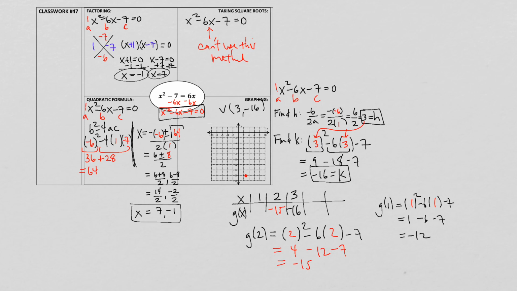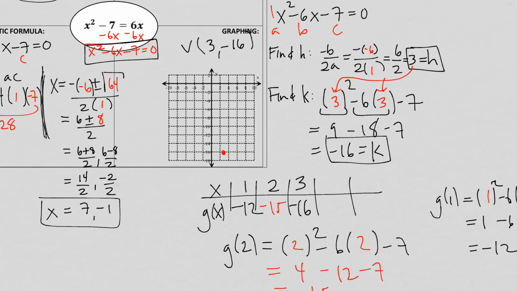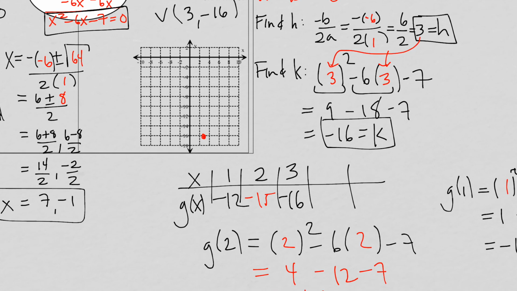So I could compute additional points and get the following. 2, minus 15 will be here. And then 1, minus 12 is going to be here. And if I just reflect these points, I get something kind of like this. And again, if you look at where they sort of cross, they cross at negative 1 and 7.